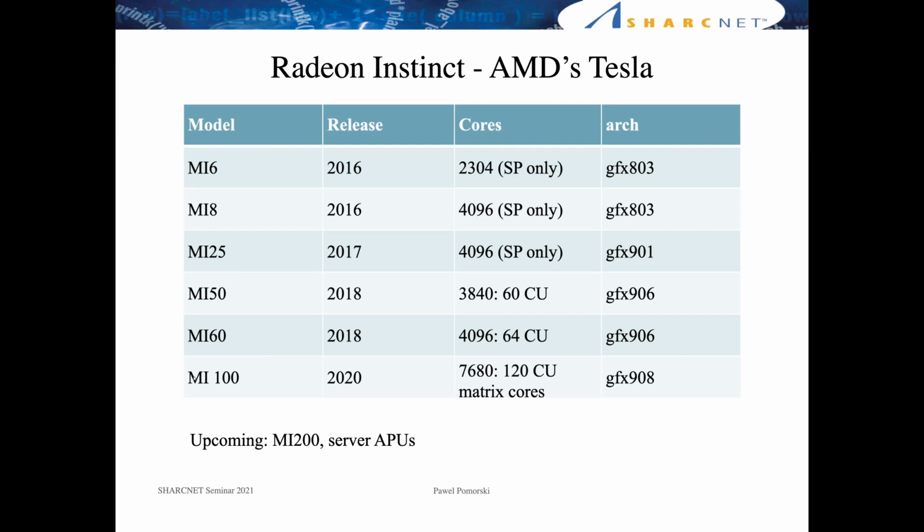And the latest card from AMD is called MI100, which came out last year. Not only is it bigger and does it support double precision, but it also has matrix cores. Matrix cores are the analogs of tensor cores that NVIDIA has had in their GPUs since the V100 Tesla generation. And by the addition of matrix cores, these cards become competitive in machine learning and deep learning applications with NVIDIA GPUs.